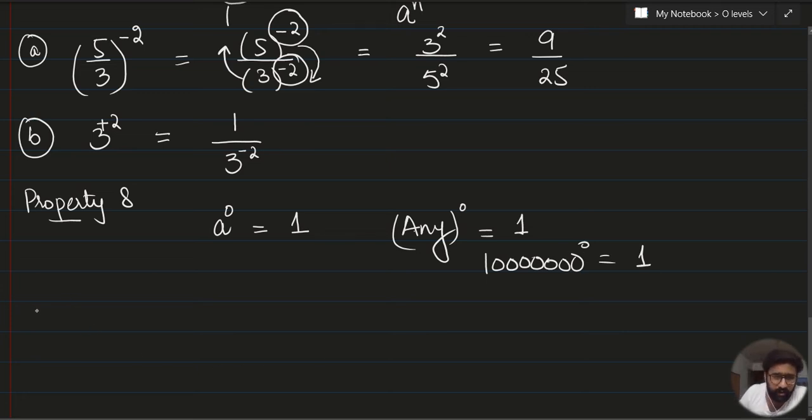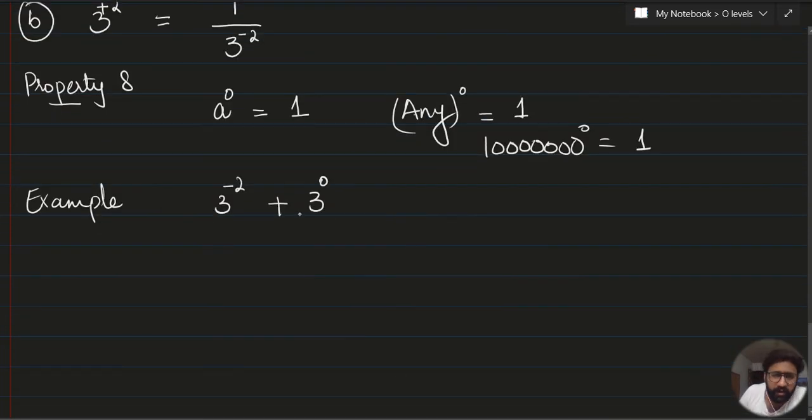Now let me give you an example for this. For example, it is 3 power minus 2 plus 3 power 0. Now you can see that there is the number on whose top it is written power 0.